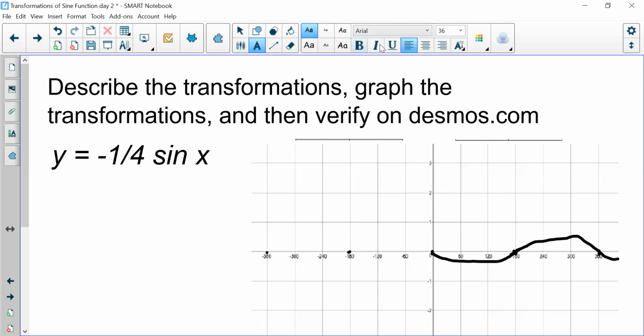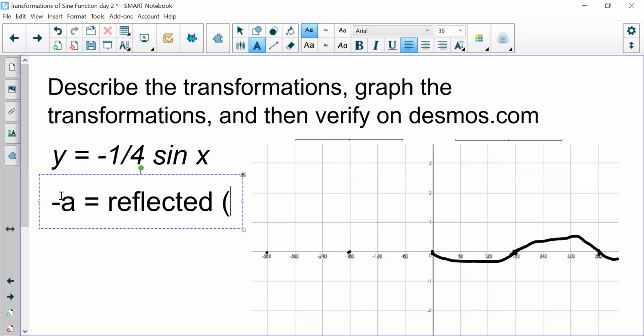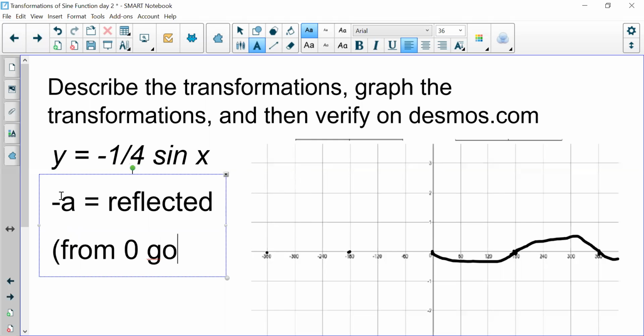I'm going to just type into my notes here that the negative A value is reflected. So from 0 it goes down.